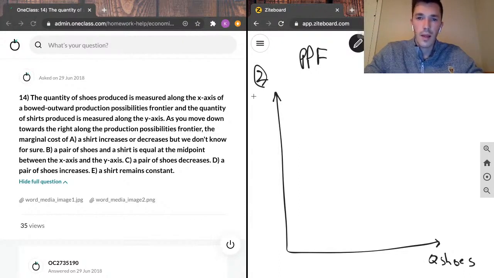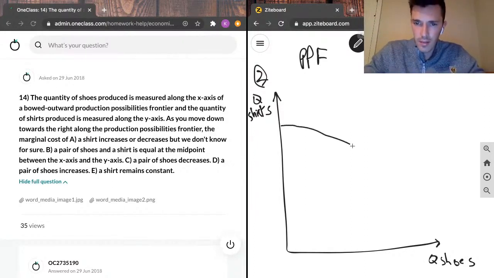And along the y-axis is the quantity of shirts. So if we remember, production possibilities frontiers are bowed outward like so.